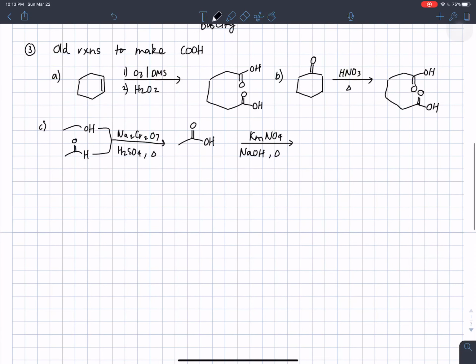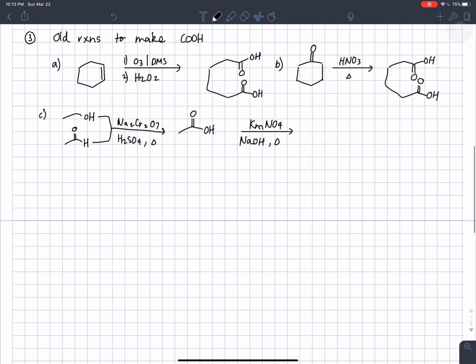Speaking of KMnO4, we've seen this for benzenes. If you remember this reaction, if you have a benzene that has at least one benzylic H, so in this case, or let's make it a little bit smaller. In this case, there's a benzylic H there.